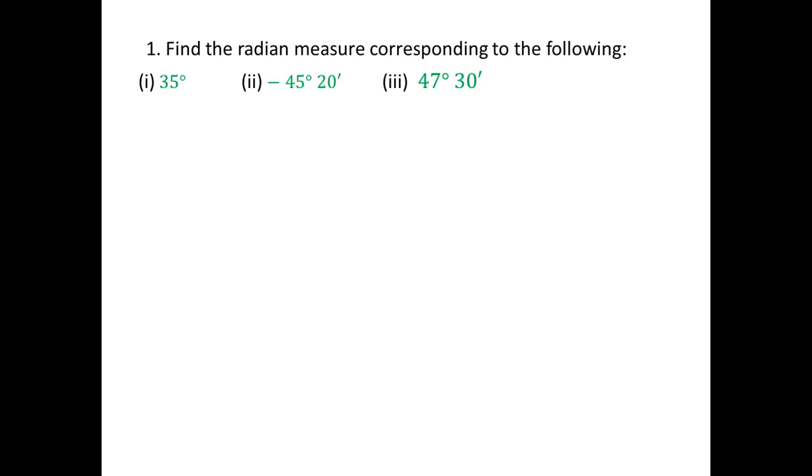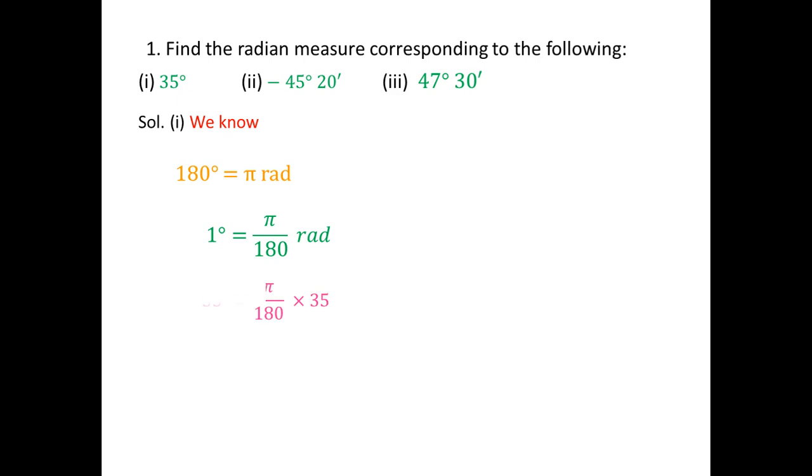So our first question is, find the radian measure corresponding to the following. Now we have degree measure and we have to convert it into radian measure. First is 35 degree. We all know 180 degree equals pi radian, so 1 degree equals pi by 180.